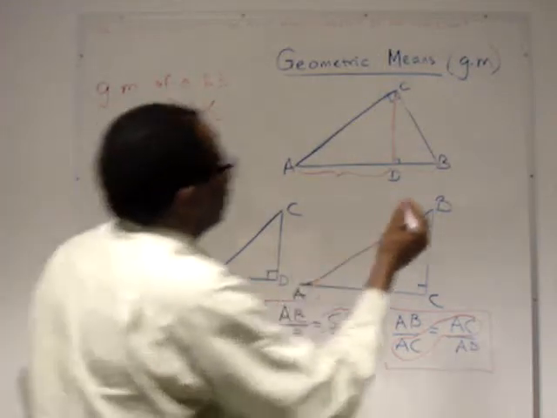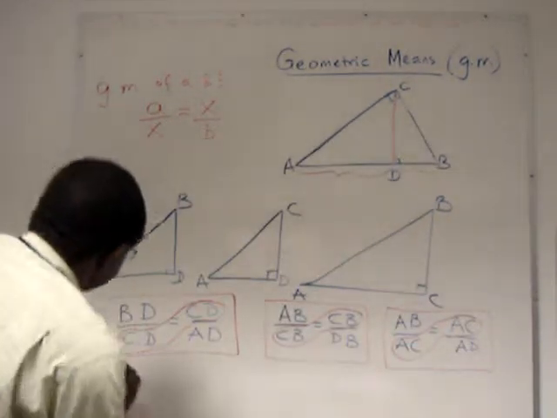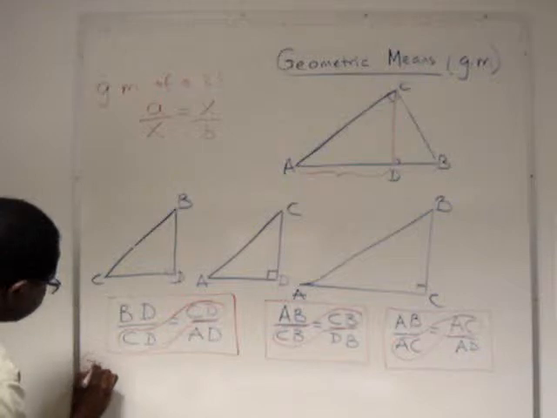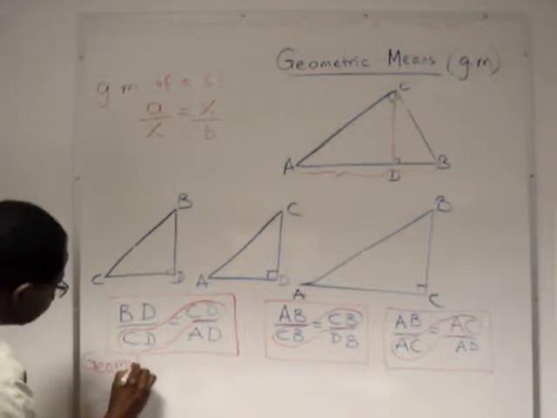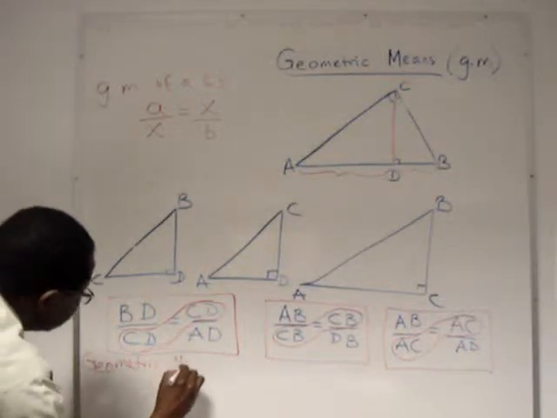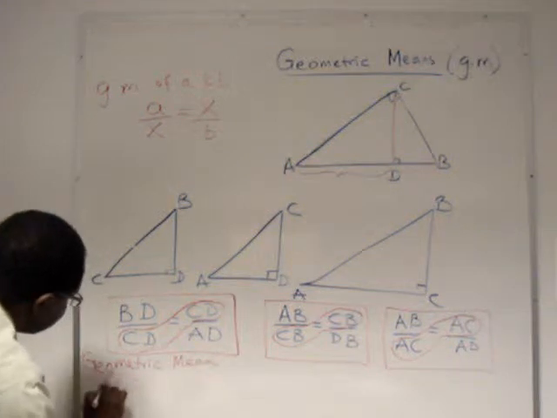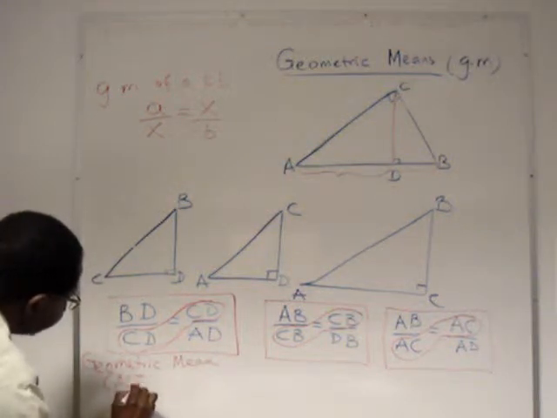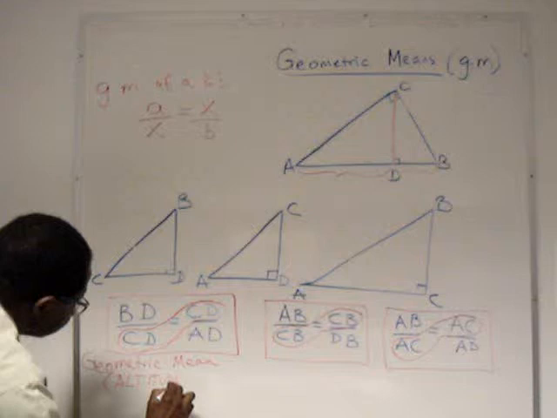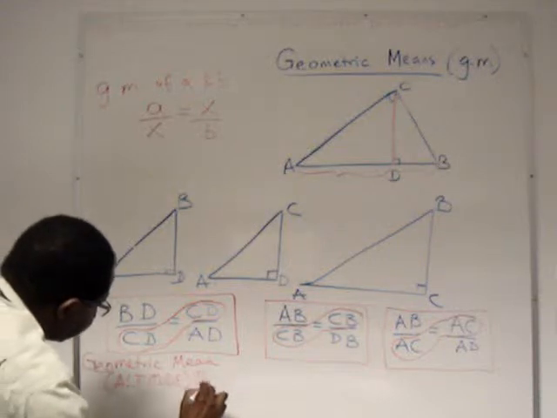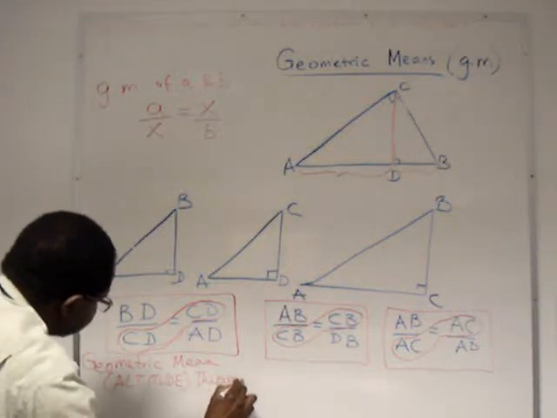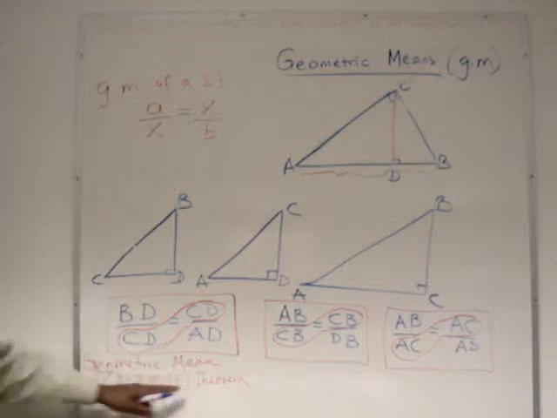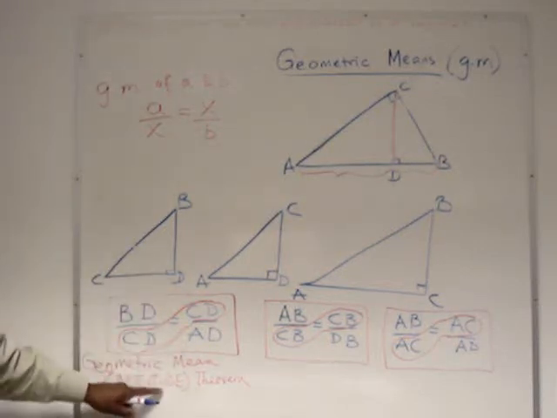So they call this first one geometric mean, and then they put altitude in parentheses, theorem. Geometric mean altitude theorem. Why?